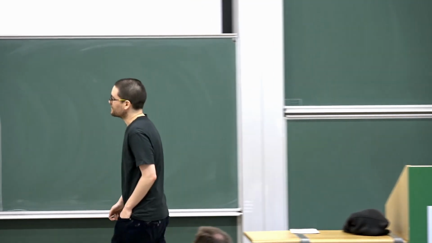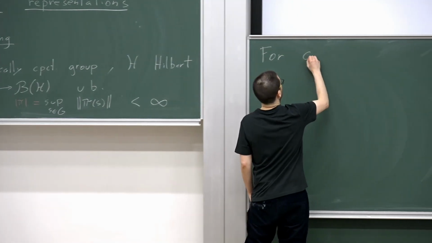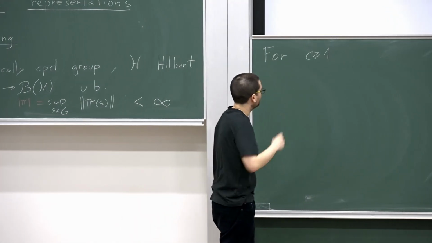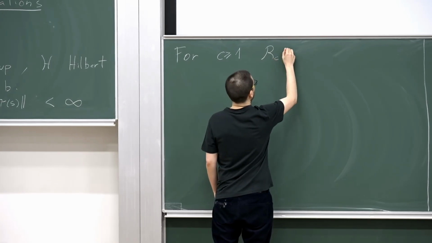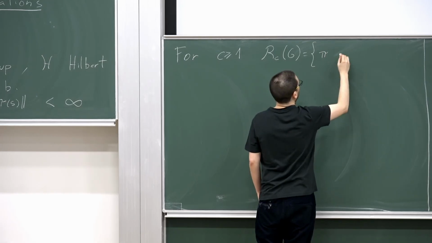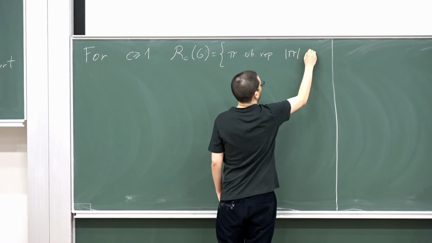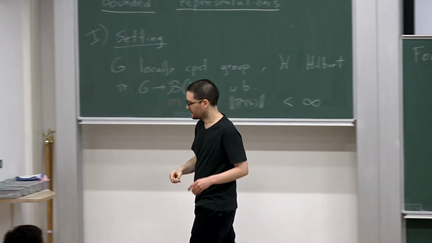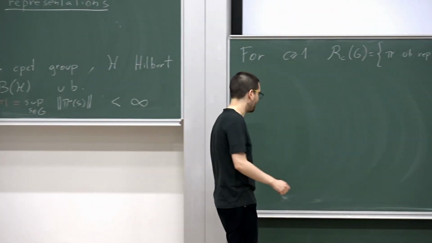I'm going to make the following definition. For C a number bigger than or equal to 1, I'm going to consider the class R_C(G). This will be all the uniformly bounded representations such that this number is bounded above by C. Consider this class of representations, I give this name R_C.